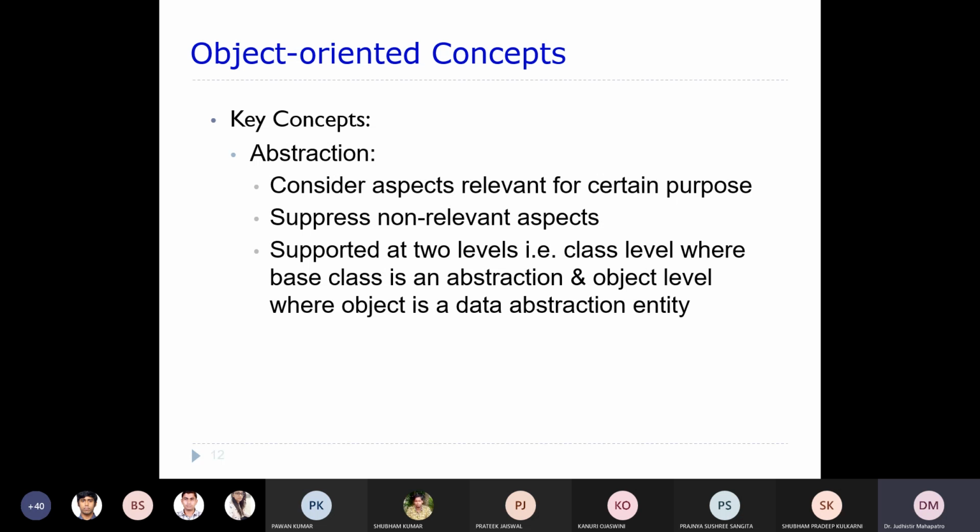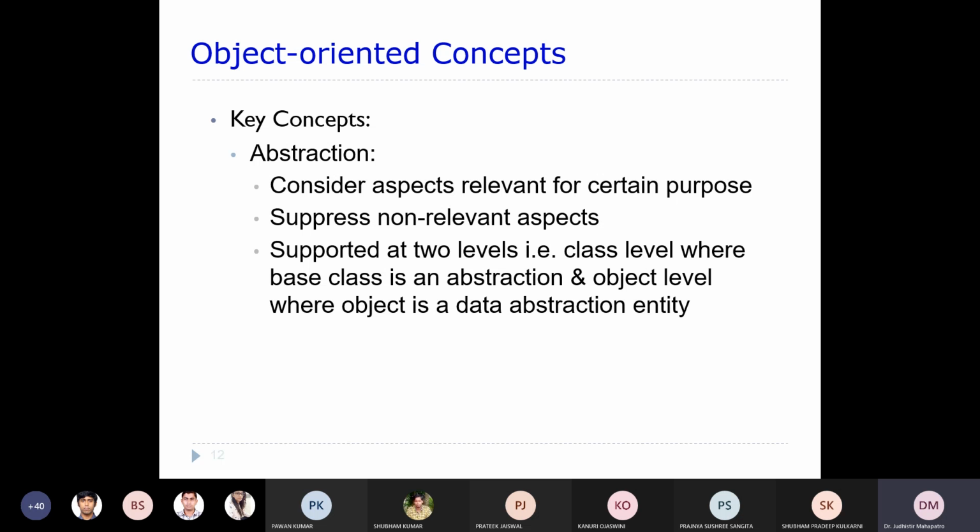Abstraction is supported at two levels: class level, where the base class is an abstraction, and object level, where the object is a data abstraction entity. So your base class can be abstract. There are two levels of abstraction: one at the class level, the other at the object level.